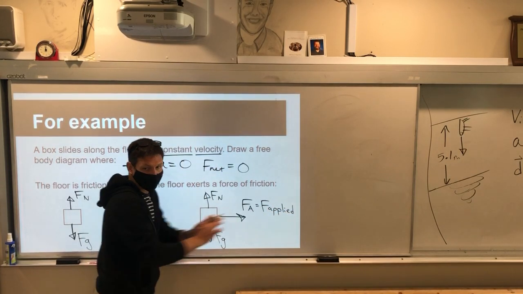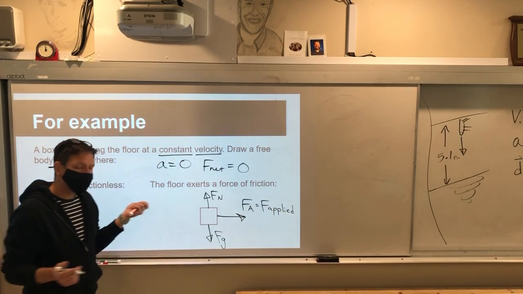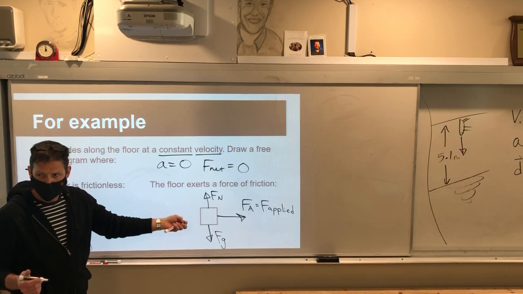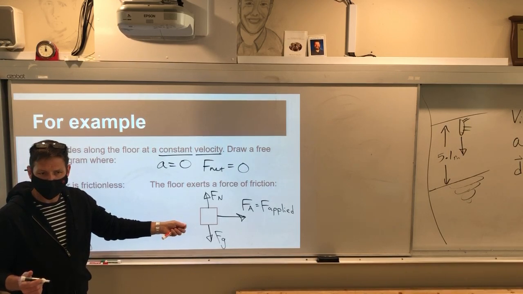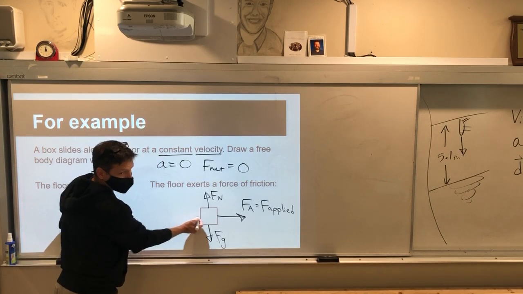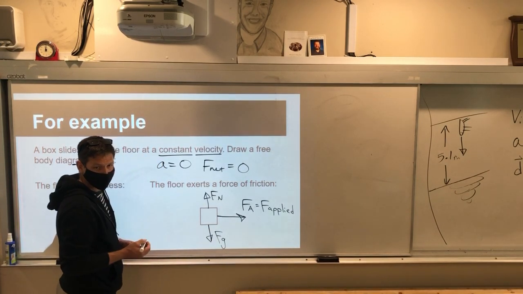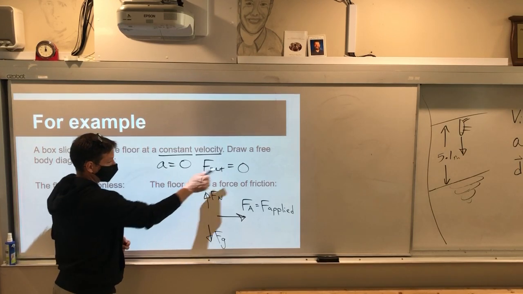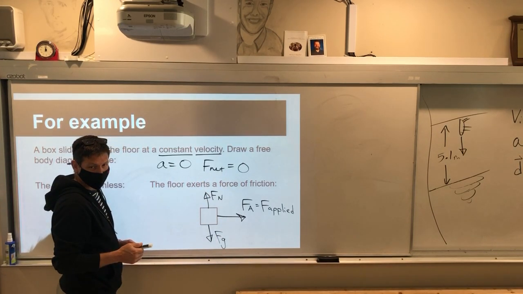So we're applying a force forwards, but it's moving at a constant velocity, so can I be finished here? No. What else do I need to add? Good. A friction arrow. Would I do a small arrow, the same size, or bigger? Same size. It's gotta be the same.